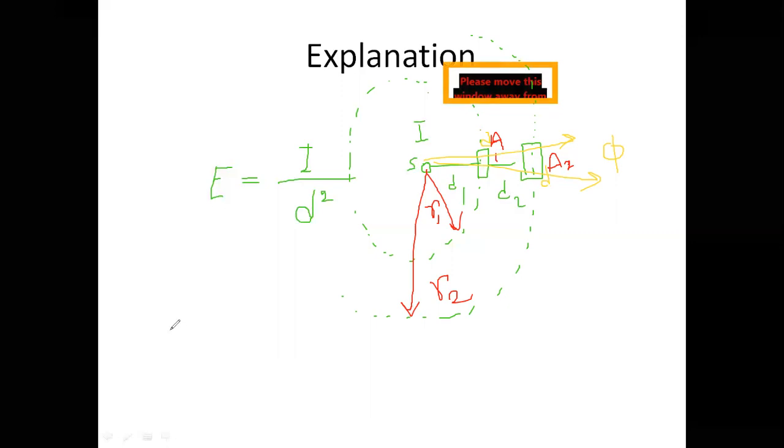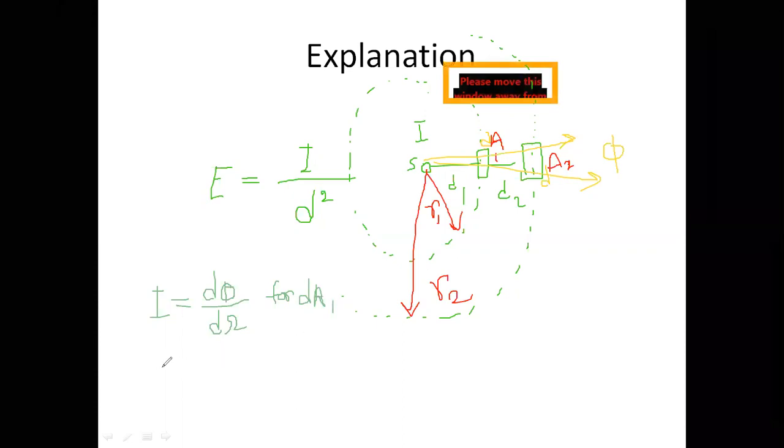Okay, and now we can say the intensity I equals d phi divided by d omega, for the dA1 area.